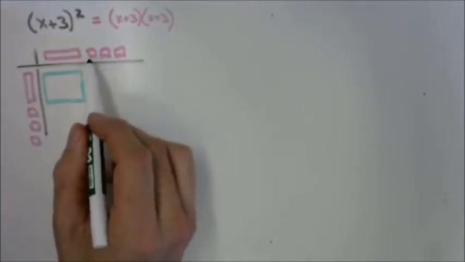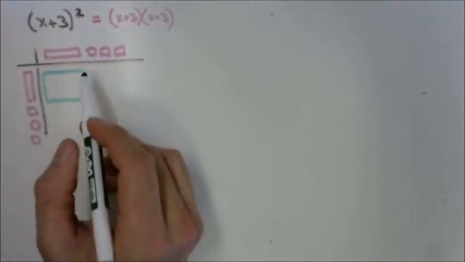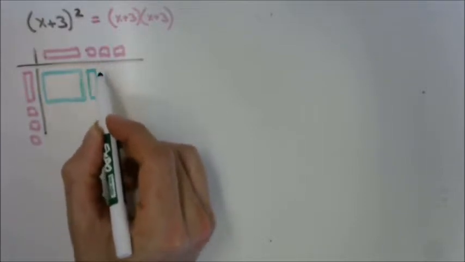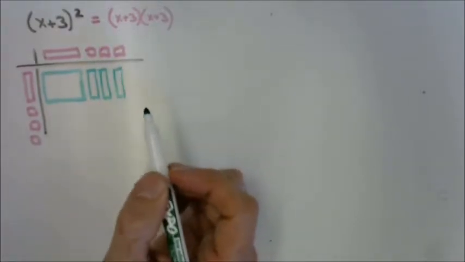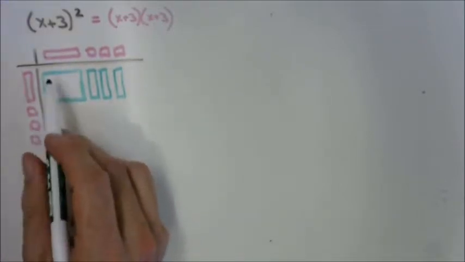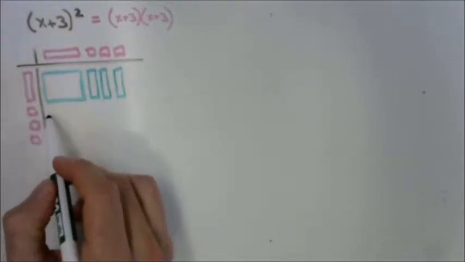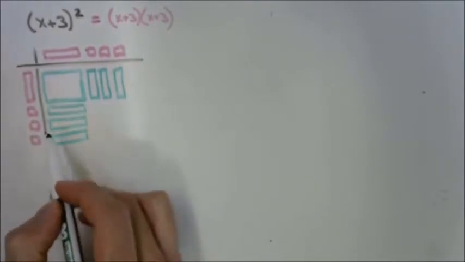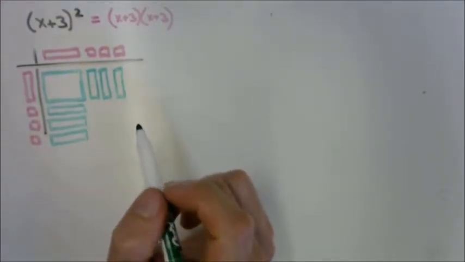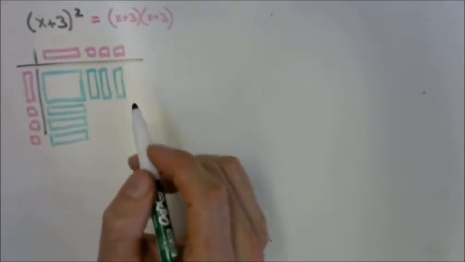Well, now we've got x times 3. So we've got 3 x's to draw. And coming down this way, we have x times 3, so we have 3 x's to draw here. And then we're just left with our ones. What do we got? Yeah, 9 ones.